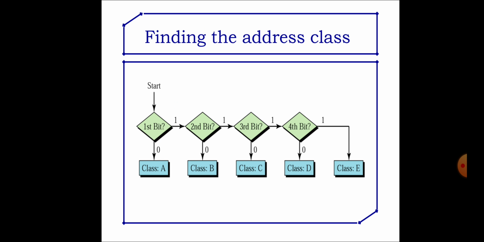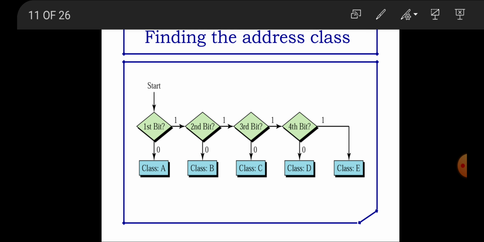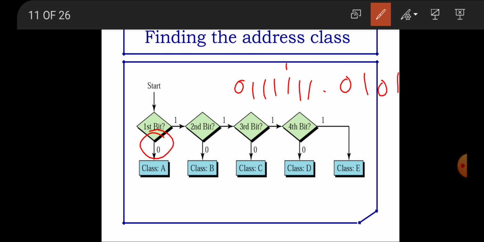So finding the address class: how do we find the class of an address? Is it class A, class B, class C or class D? If the first bit of the IP address is 0, then you can simply call this a class A IP address. Then come the next 8 bits, the second and third 8 bits, which can be anything.